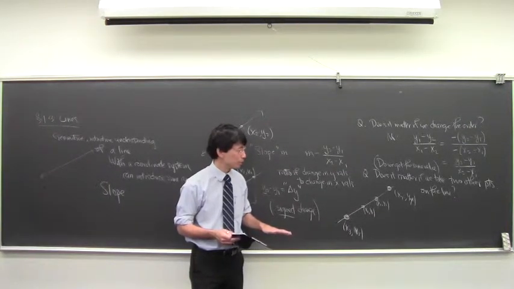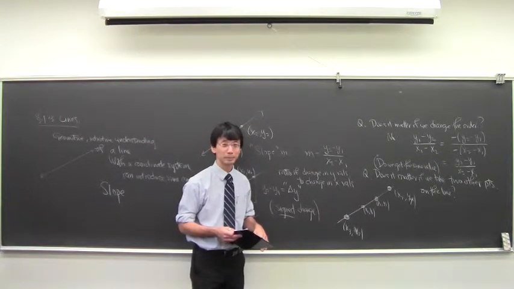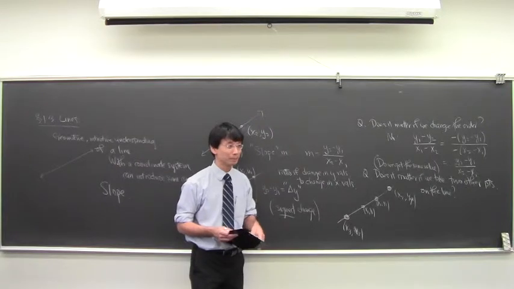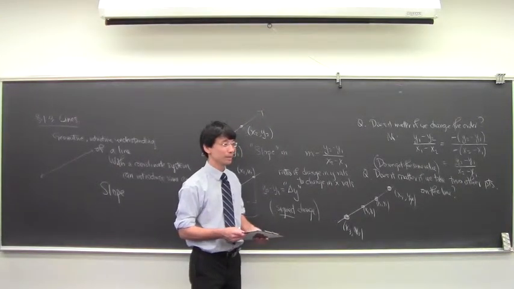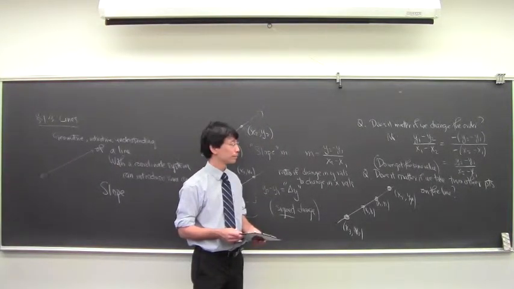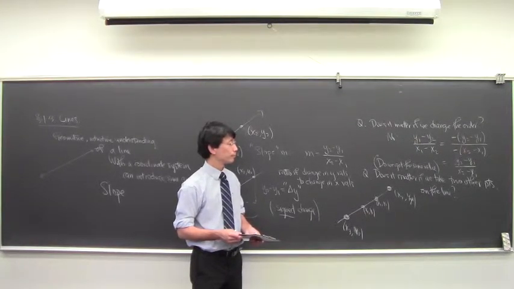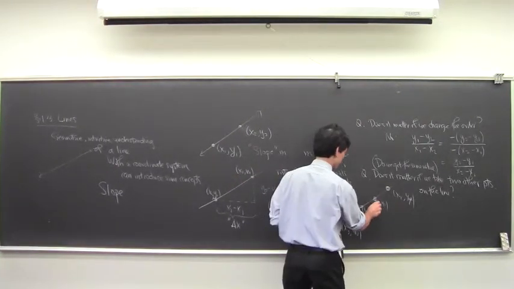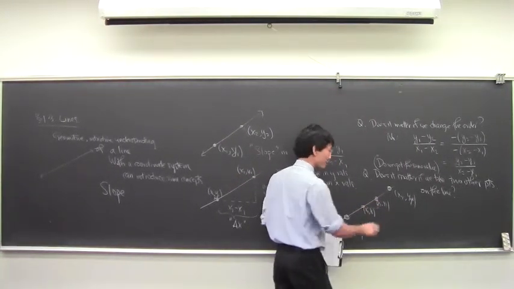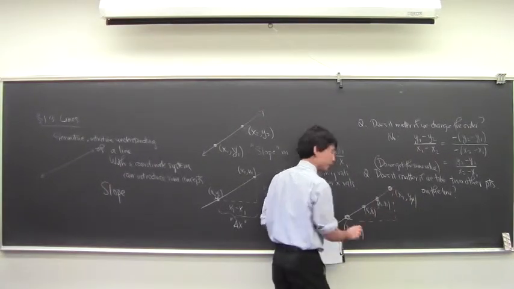Why are the ratios going to be the same? Go ahead. If you make a right triangle with the first 2 points, and if you make a right triangle with the second 2 points, those triangles are similar.